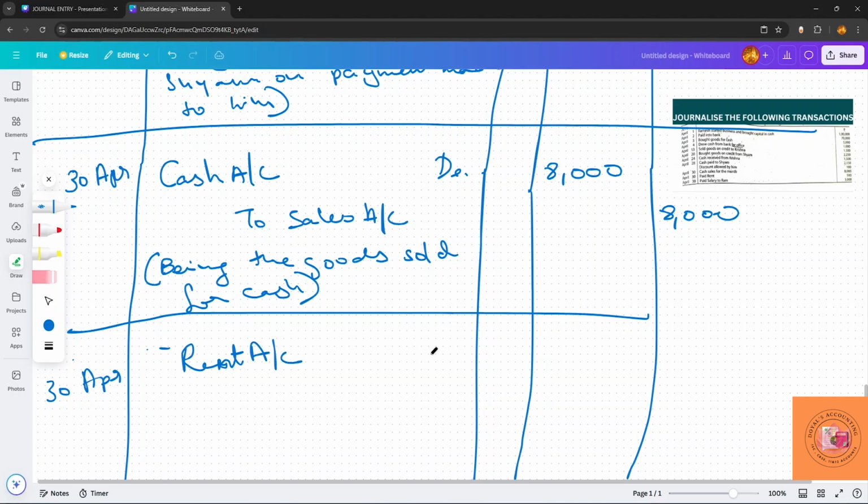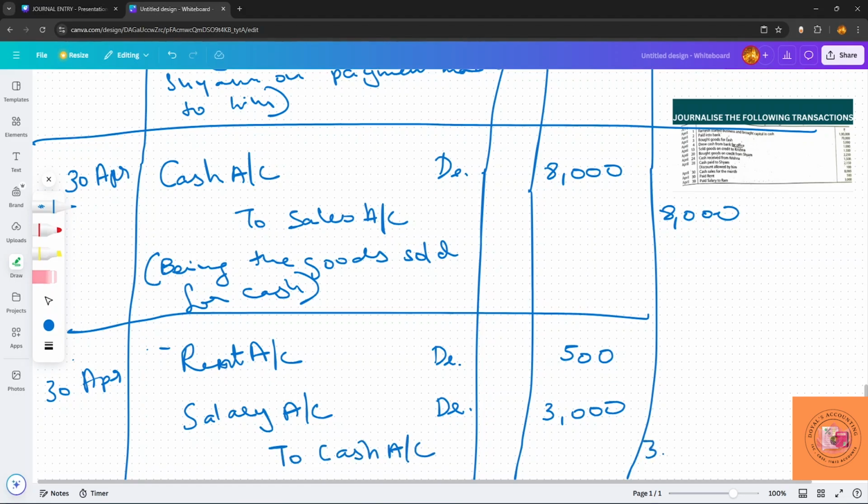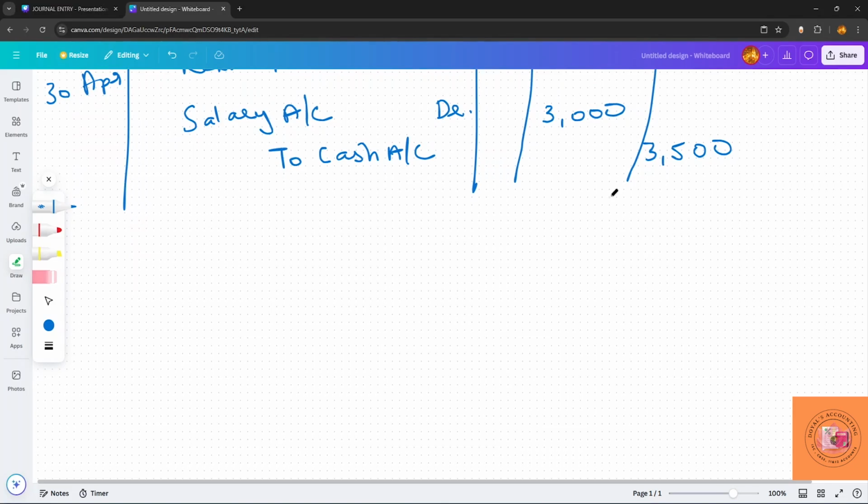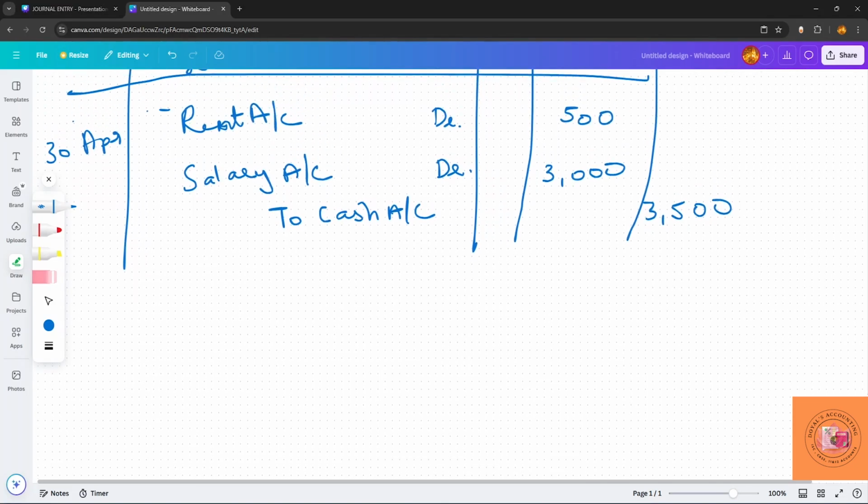Rent account debit. How much is the rent? 500 rupees. Salary account debit 3000 to cash account. I add up both these figures, 3500. My narration will be as follows.